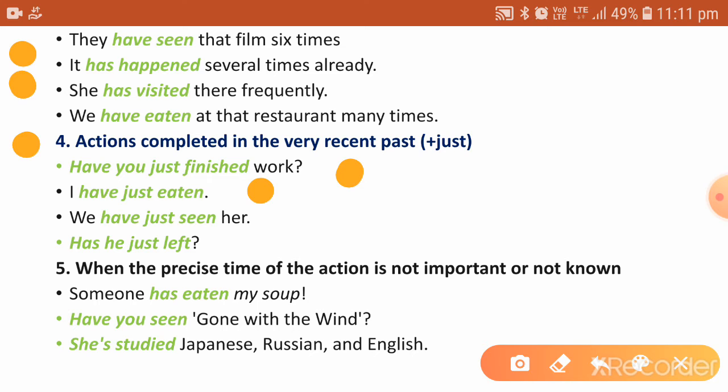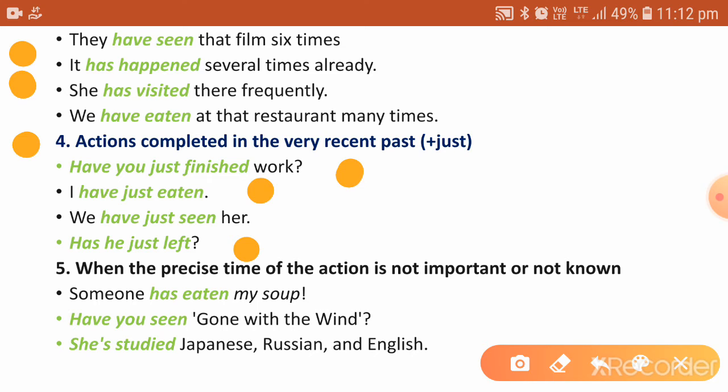We have just seen her. It means very near to that point of time. Has he just left? In this sentence, students, a question is asked.